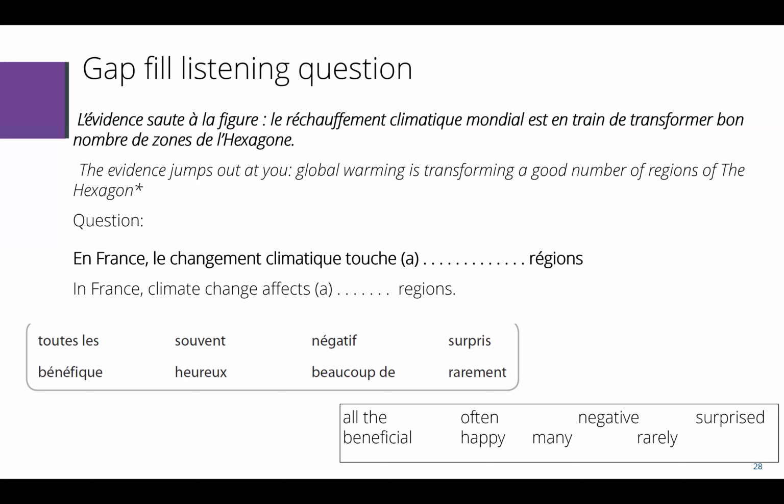So again, it's working on this principle of paraphrase or synonyms, and so that's something that your students need to be able to look at. And in the text it says bon nombre de zones de l'hexagone. So it's transforming a good number. So what's something else which is a good number? So they have to make a connection based on that.